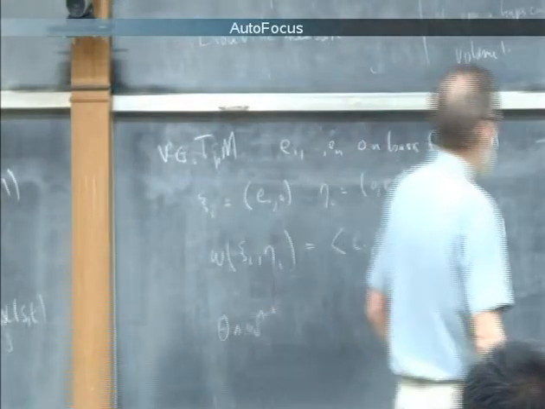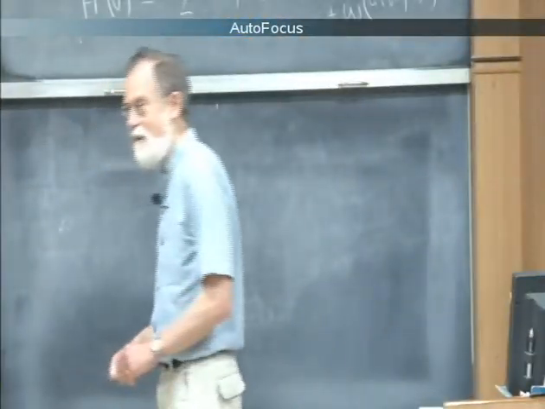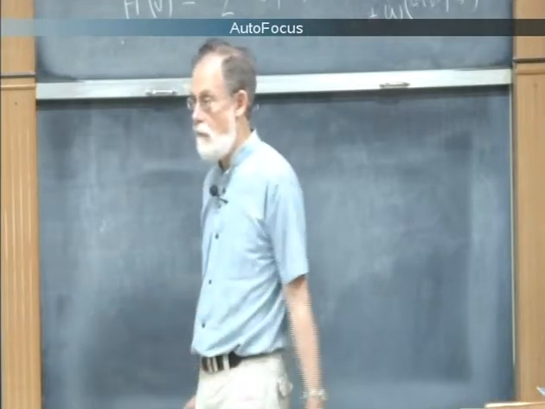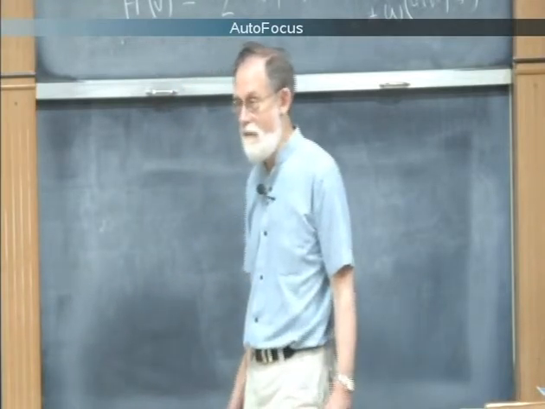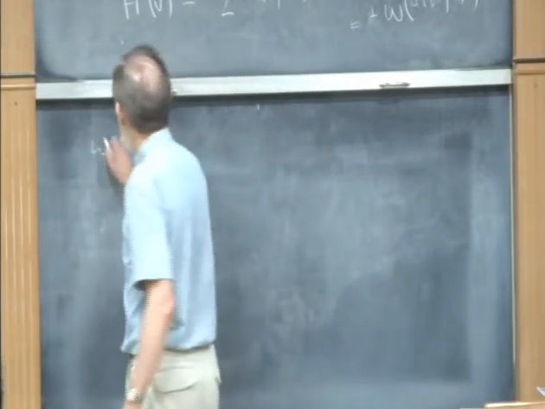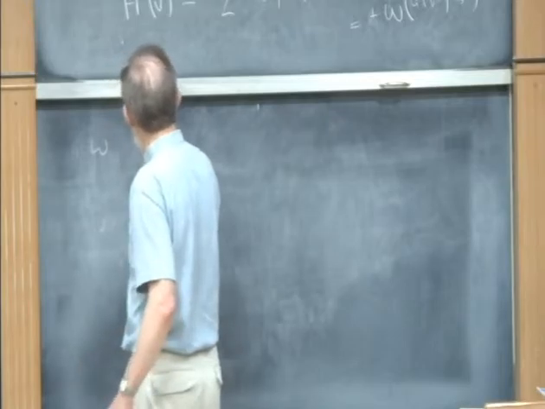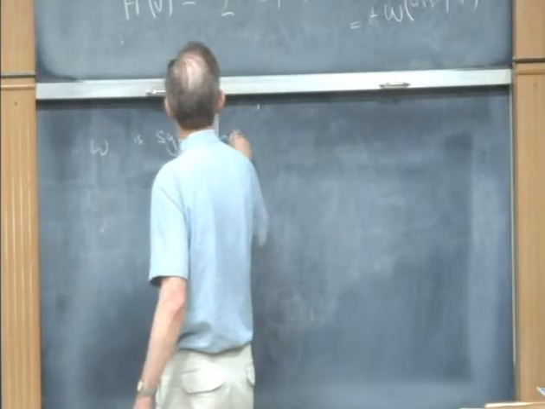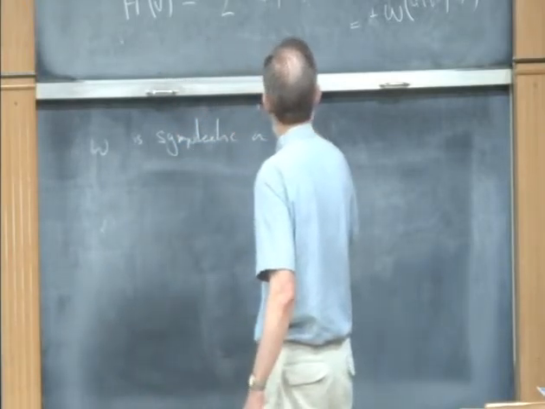But omega is a symplectic form. One of the reasons why you think about orthogonal Jacobi fields in preference to all Jacobi fields is that omega is symplectic on orthogonal Jacobi fields.